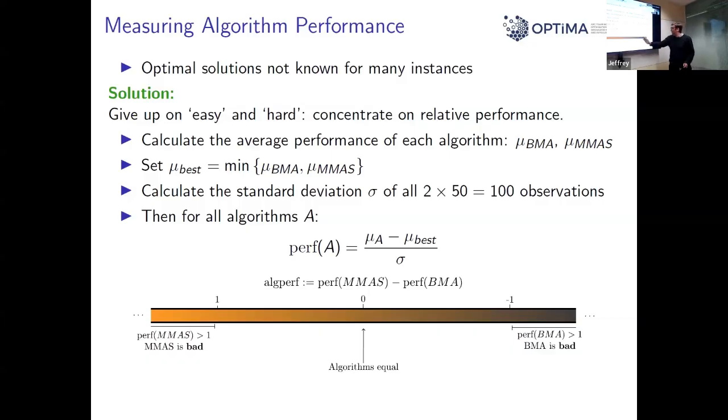And if it increases, I think I might have got this 1 and -1 the wrong way around. If it increases beyond 1 or decreases below -1, then that's our threshold for saying the algorithm is actively bad. So an algorithm can be a little worse without being bad.